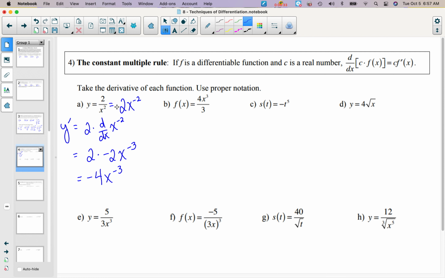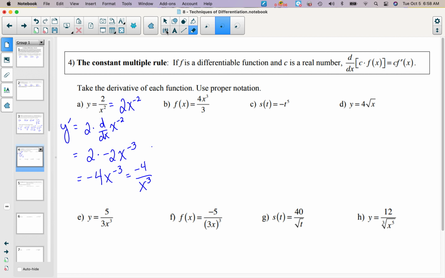On the one I just did, you'd have y prime equals, and you're just going to multiply the negative 2 times the 2, negative 4x to the minus 3. This is the rule. This is what we actually do. And so then we can just change that to negative 4 over x cubed, and we are good.